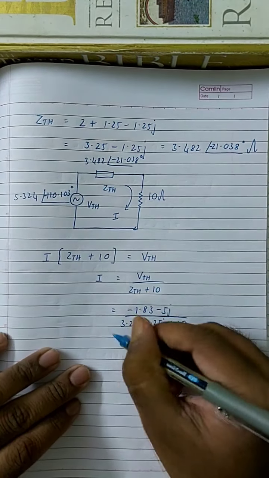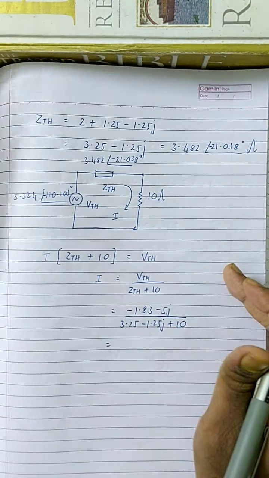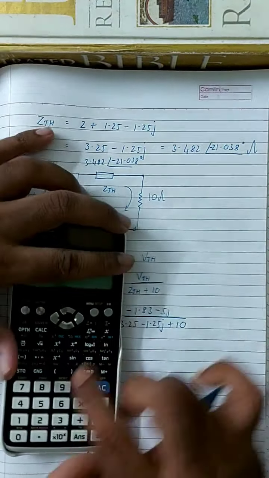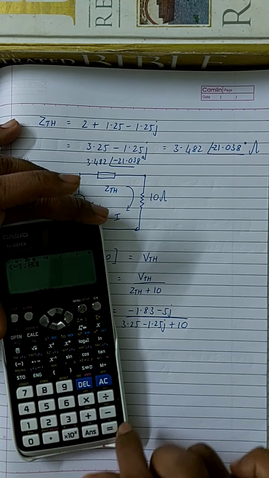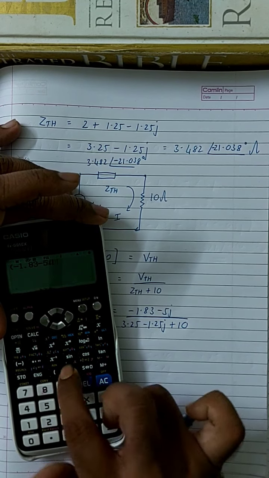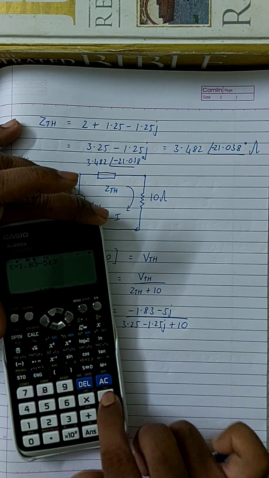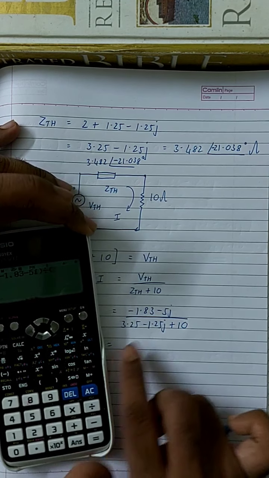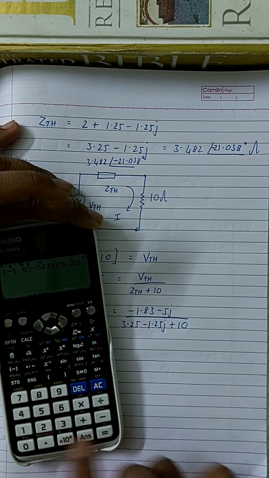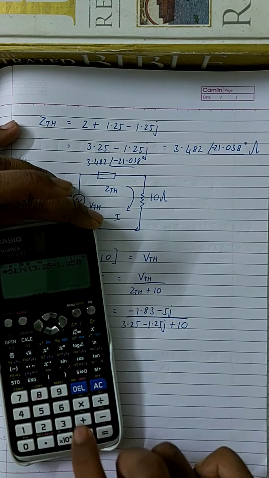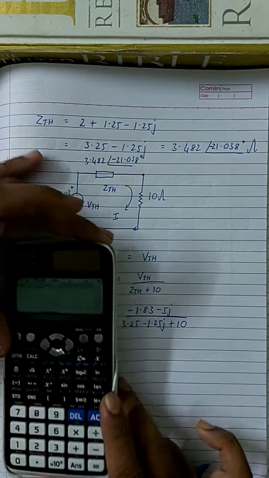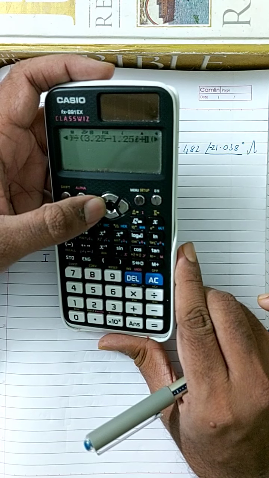So therefore the current is, let me see, the numerator is 1.83 minus 5j, divided by the denominator, 3.25 minus 1.25j plus 10. Let me check if I have typed correctly.